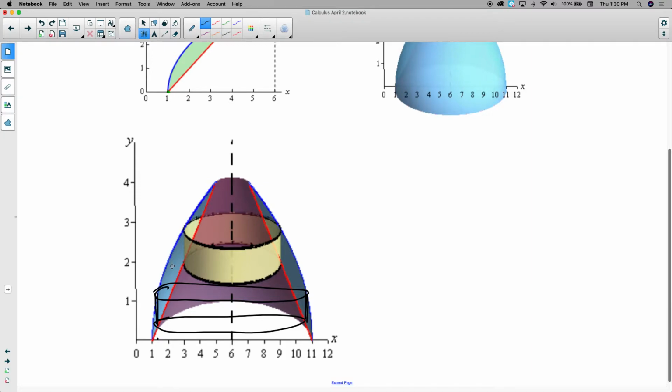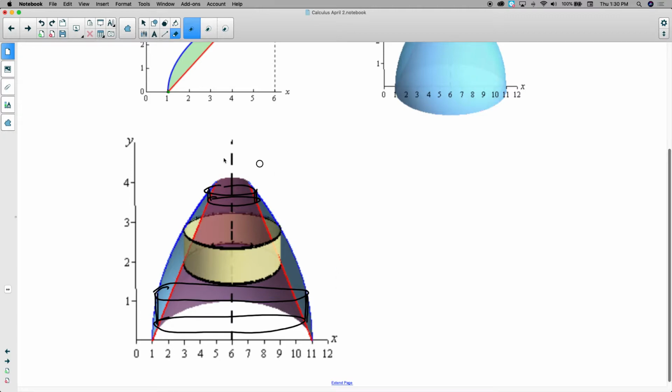And the idea is that we have all sorts of these cylinders that we're finding the volumes of, and then we're adding up all of them. We're going to make them infinitely thin in terms of this delta here, and therefore we'll need infinitely many of them. And that's the idea of integral calculus, of course. We're adding together infinitely many things.